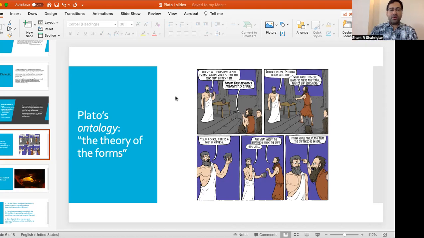So the term means philosophical study of being, the philosophical study of what really exists. Maybe a glib way of phrasing it is ontology is the part of philosophy that asks what the meaning of the verb to be is. What does the word is mean? And it's actually not a terrible start to ontology or to philosophy in general.